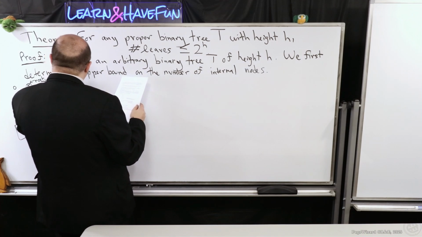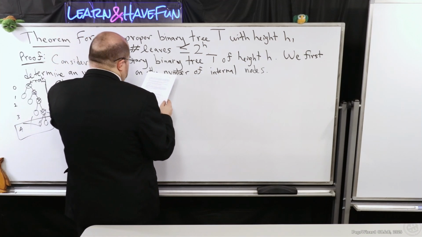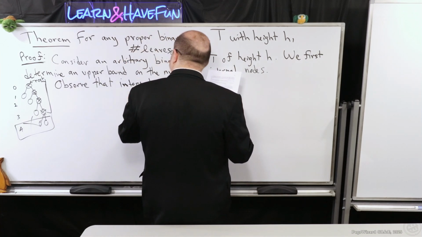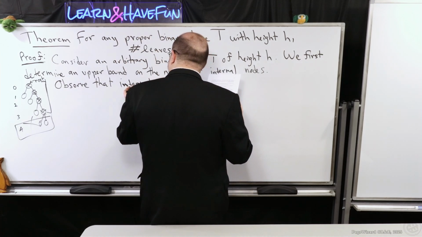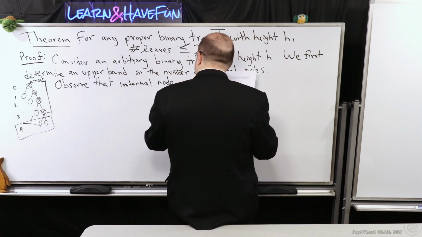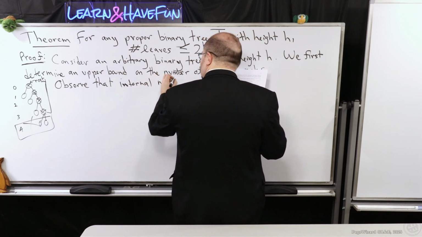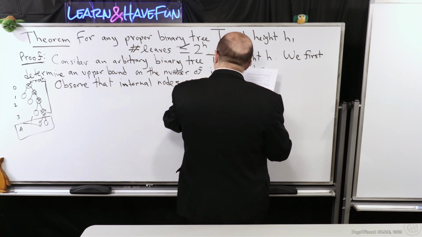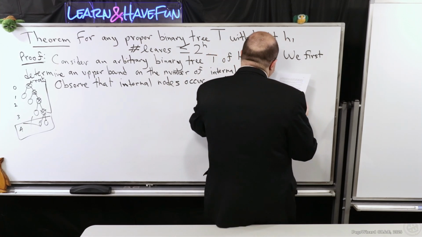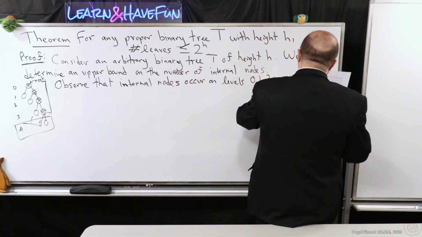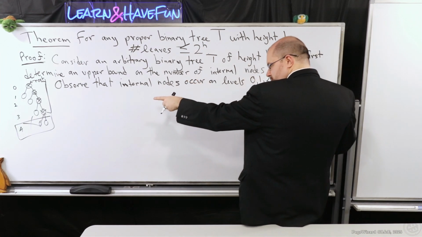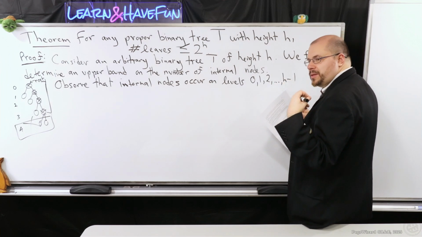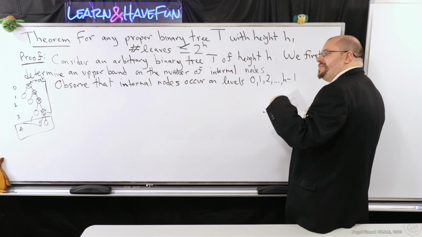So we're going to use this fact. So observe that internal nodes, this says internal, it sort of got scratched up by Miss Kitty the cat. Observe that internal nodes occur on levels 0, 1, 2, all the way up to h minus 1. Notice that it's h minus 1 because level h would be those of maximum depth, where h itself is the height, right?